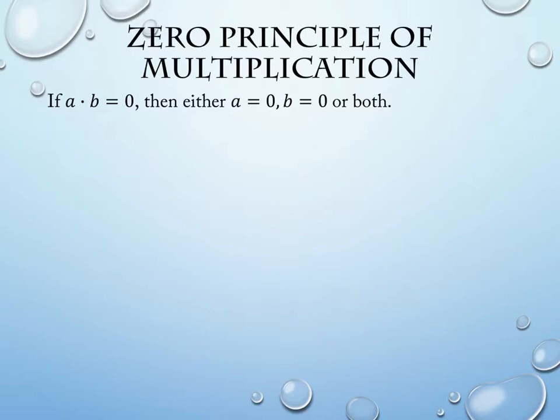That may seem like an obvious fact, and I think it's fairly reasonable when you look at it. But the reason that we're mentioning it here now is because it actually helps us to be able to solve quadratic and in general polynomial equations.